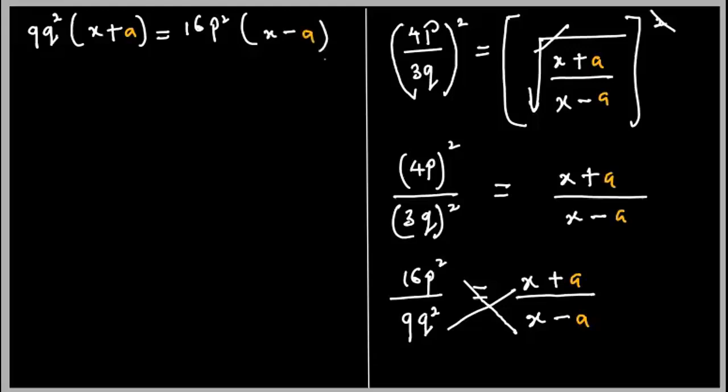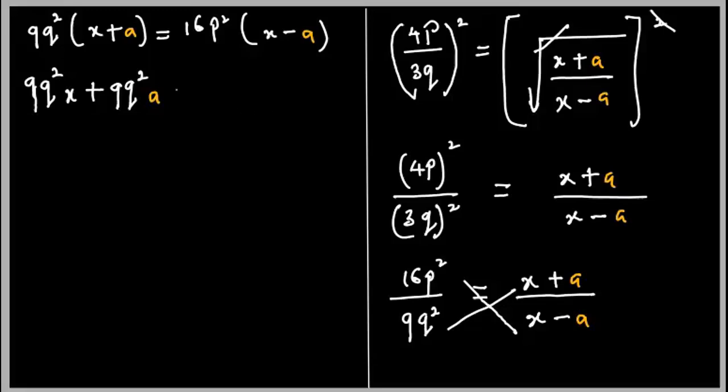So what next? We need to expand the bracket so we can have like terms. 9q squared times x should be 9q squared x. 9q squared times a will be plus 9q squared a.